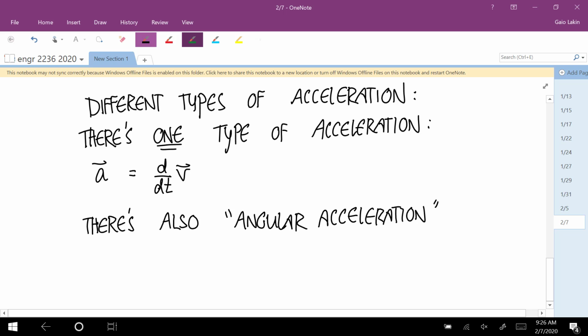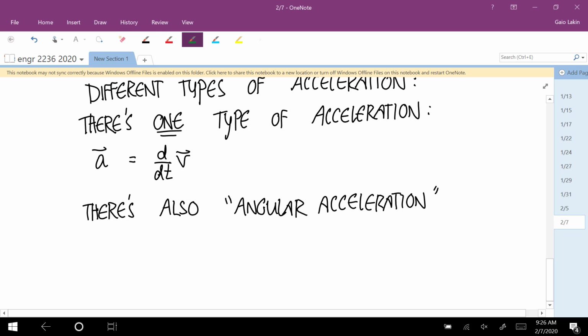It's just trying to piggyback for more Twitter followers and stuff. There's a few different ways to calculate it, but this is always what it is. So there's also angular acceleration, that's alpha, and that is always d/dt of the angular velocity.